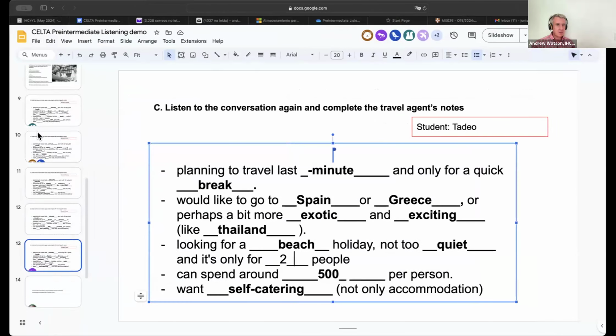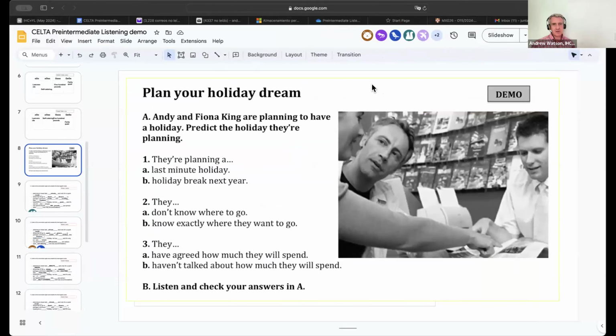Okay, so what type was the first listening that we did? Think about your reading lessons. What's the first type of reading that we do? Do we go directly into reading for detail or do we do reading for gist first?